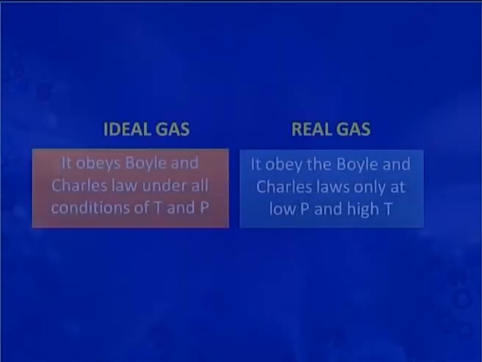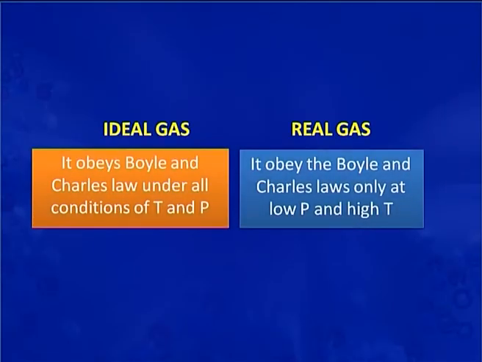So, the ideal gases strictly follow Boyle's law and Charles' law under all conditions of temperature and pressure, while real gases do not follow Boyle's and Charles' law strictly, but they follow these laws only at low pressure and high temperature.